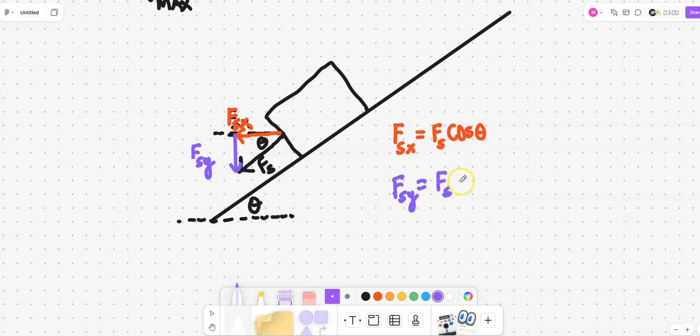I'll assign positive and negative signs later when I'm trying to figure it out. So let's take a look here.